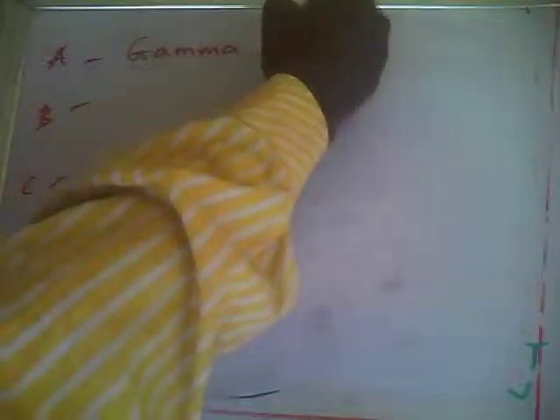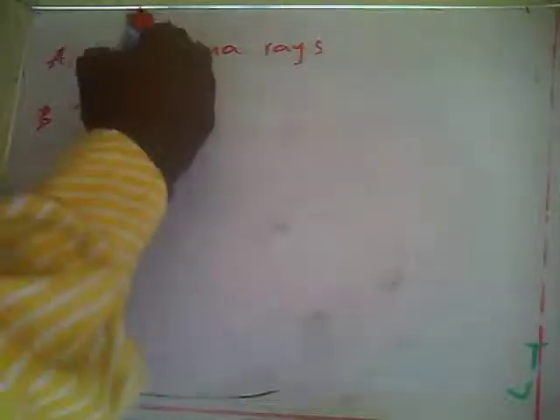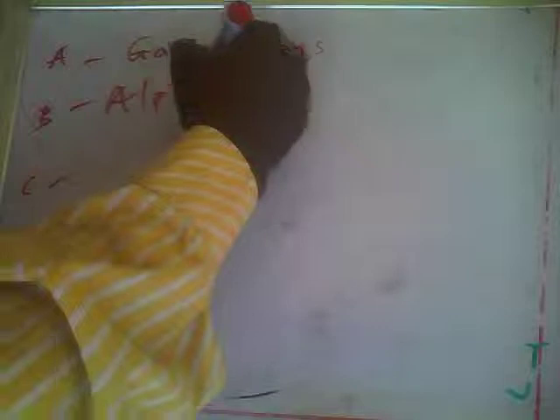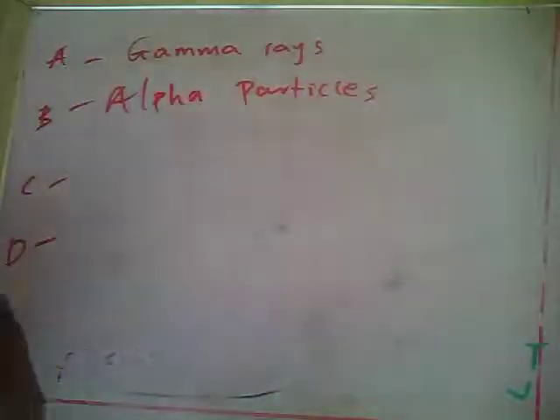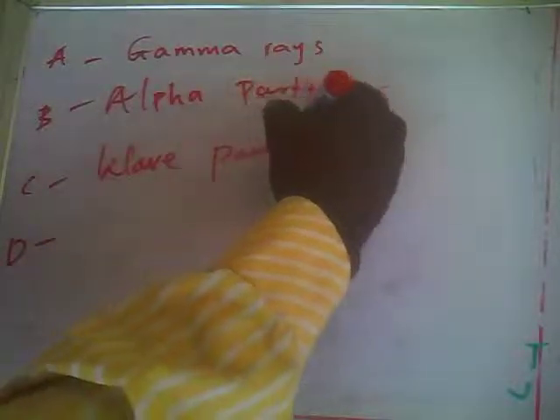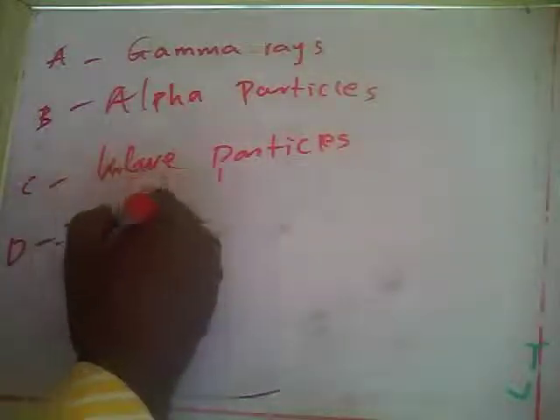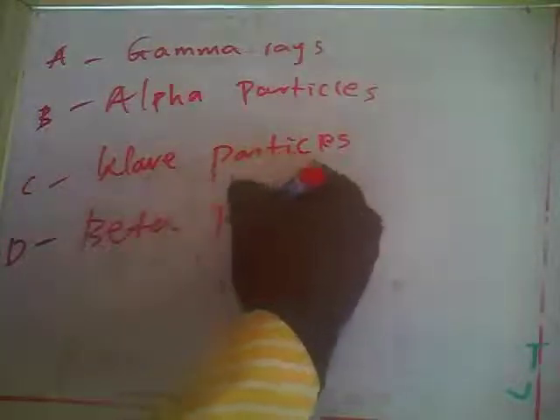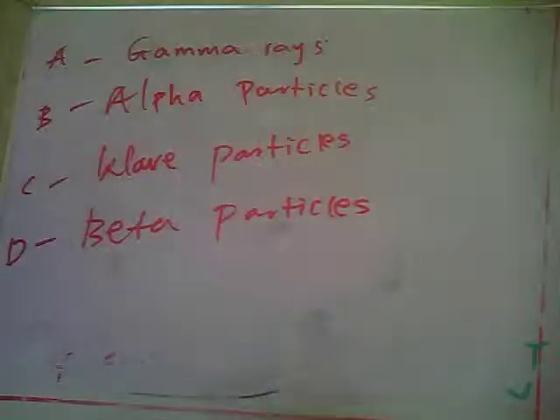We have gamma rays, we have alpha particles, we have wave particles, and then lastly we have beta particles.